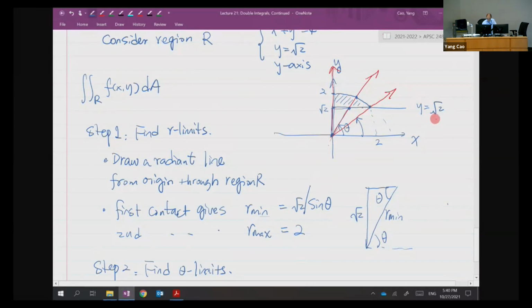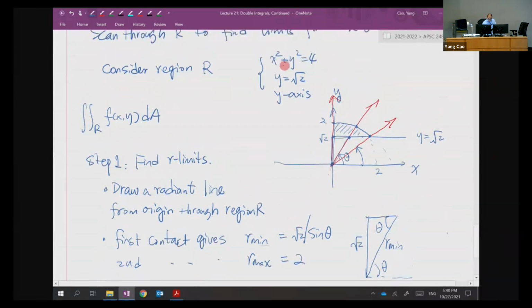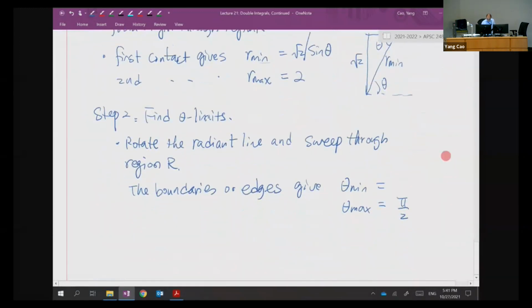How do I get that? You substitute the y coordinate into the circle equation and solve for x. So you get x equal to √2, y equal to √2. That immediately gives you the angle. What do you think is the theta mean angle? 45 degrees, pi over 4. Good. So this is your theta mean and theta max.